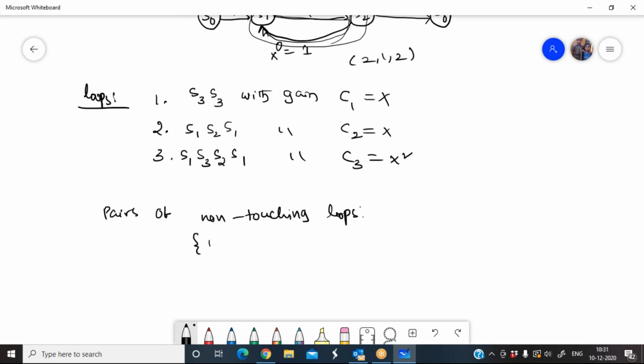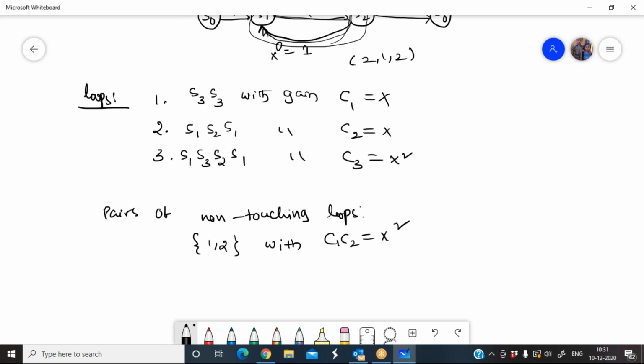That is 1, 2, with C1, C2 equal to X square.